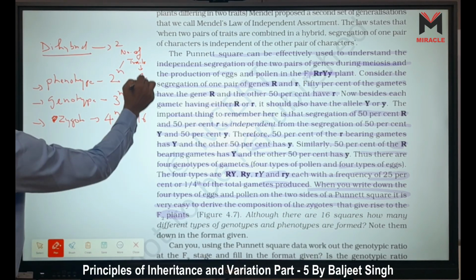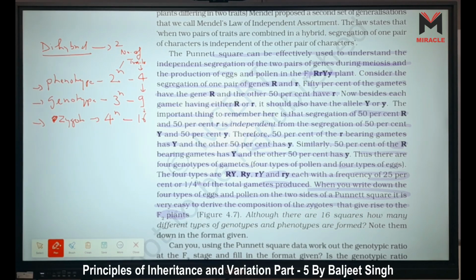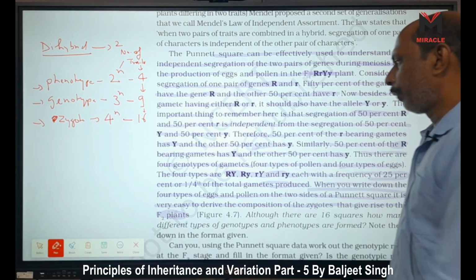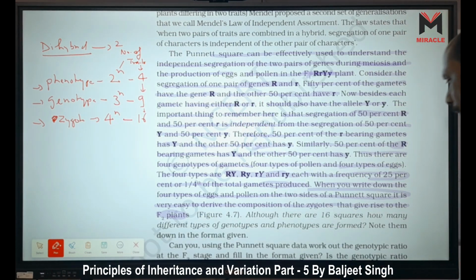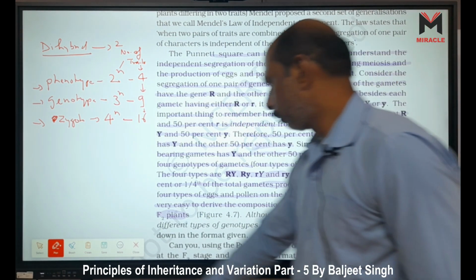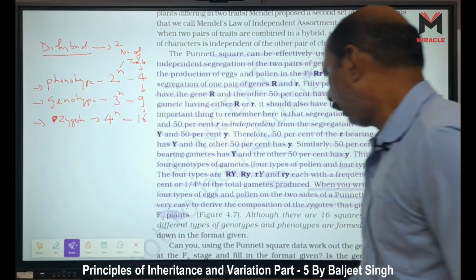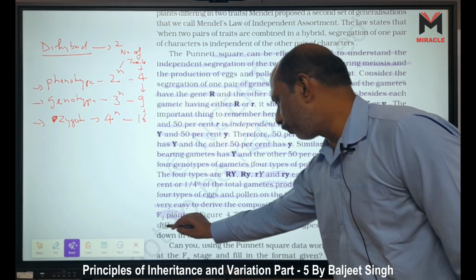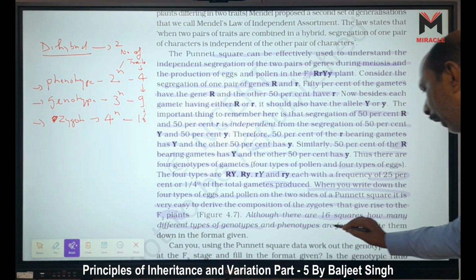So these are the right numbers of offspring we get here. Although there are 16 squares, how many different types of genotypes and phenotypes are formed?